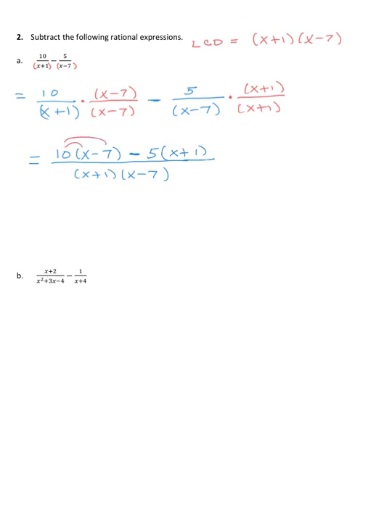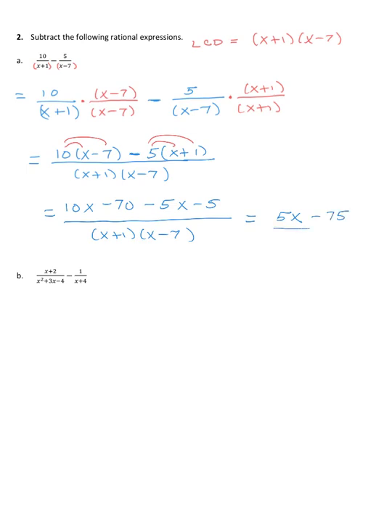I'll distribute the 10, as well as that's really a negative 5 that's being distributed. That's 10x minus 70. We get minus 5x minus 5. If I combine like terms, that's 5x, negative 70 minus 5 more is negative 75. And this is my final answer.